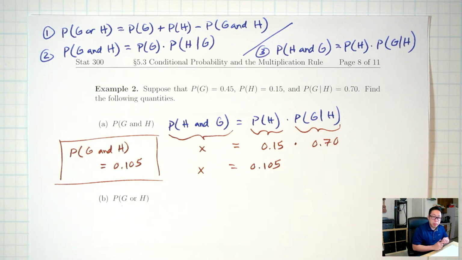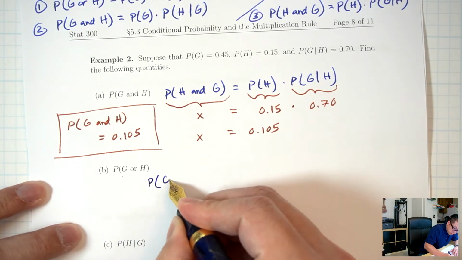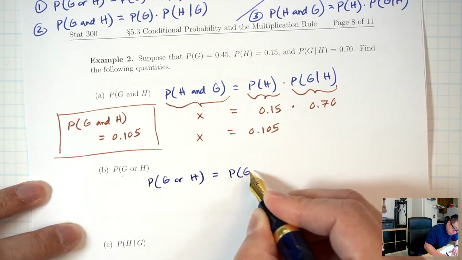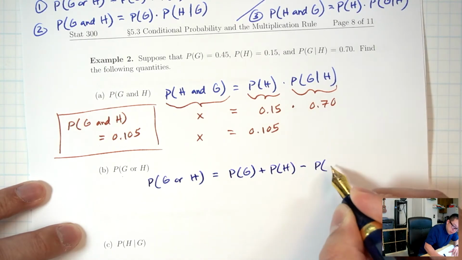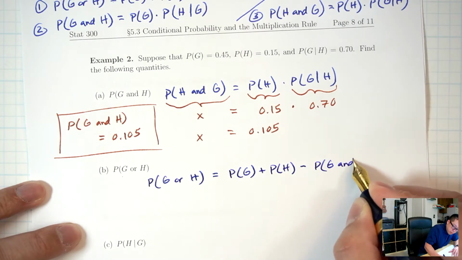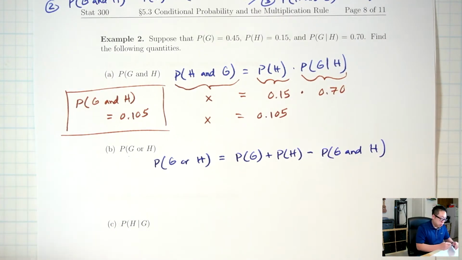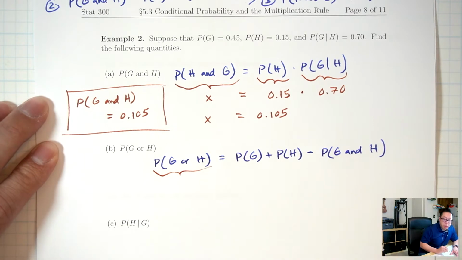So let me recopy equation 1. And then we'll go through and fill in what we know. So G or H, that's what we're looking for.